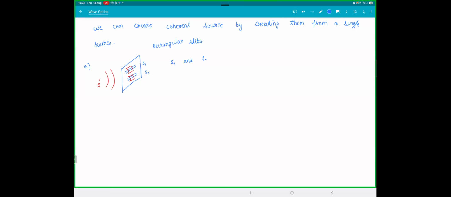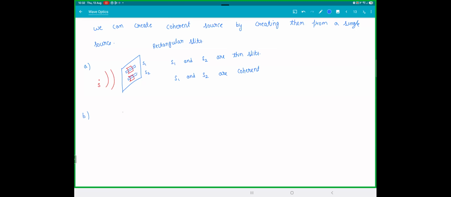We make two thin holes on the cardboard. Since they're coming from the same light source, they will be in sync. S1, S2 are coherent. So you need to create sources like that.